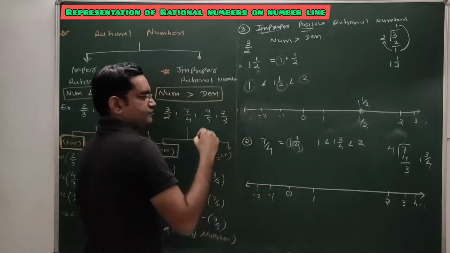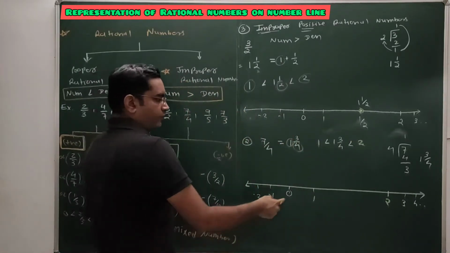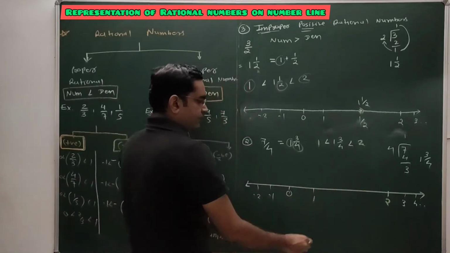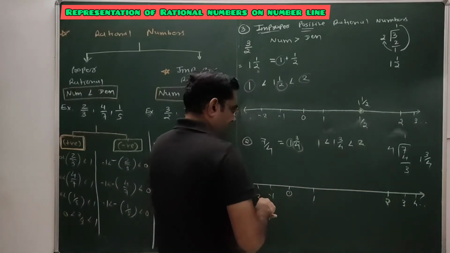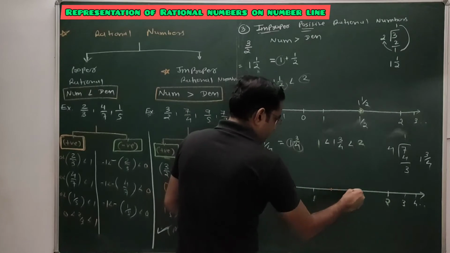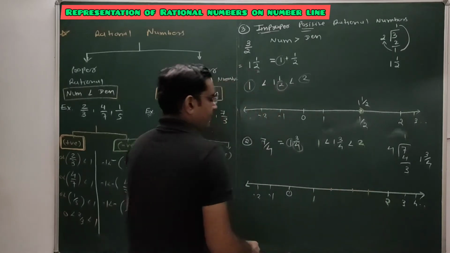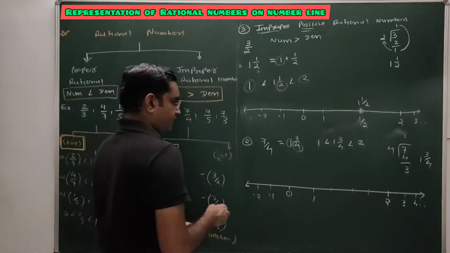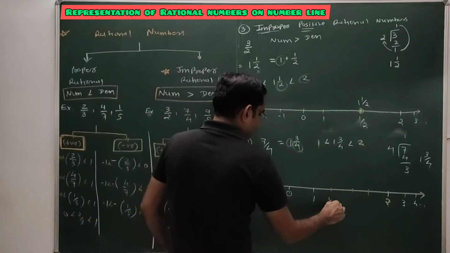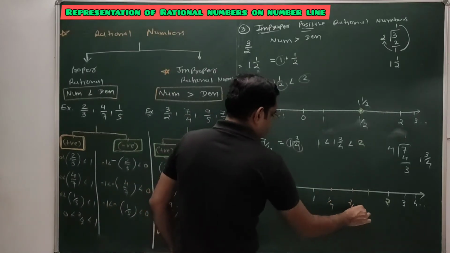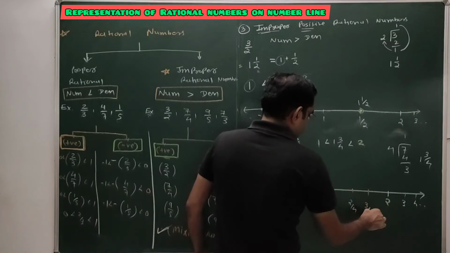The denominator is 4, so we have to divide this gap into 4 equal parts. So we require 3 points. We will put 3 points over here, 1, 2 and 3. So it will be divided into 4 equal parts. Done. This will be 1/4, this will be 2/4, this will be 3/4, and this will be 4/4.